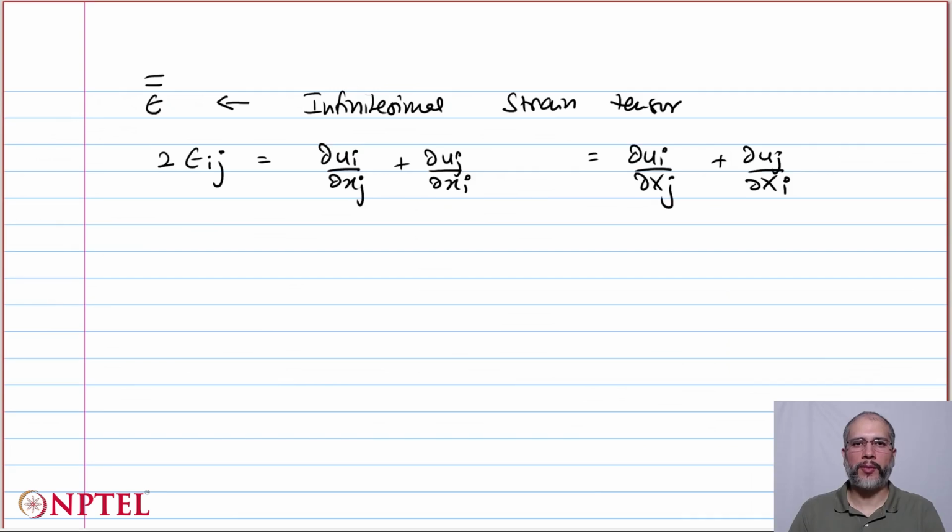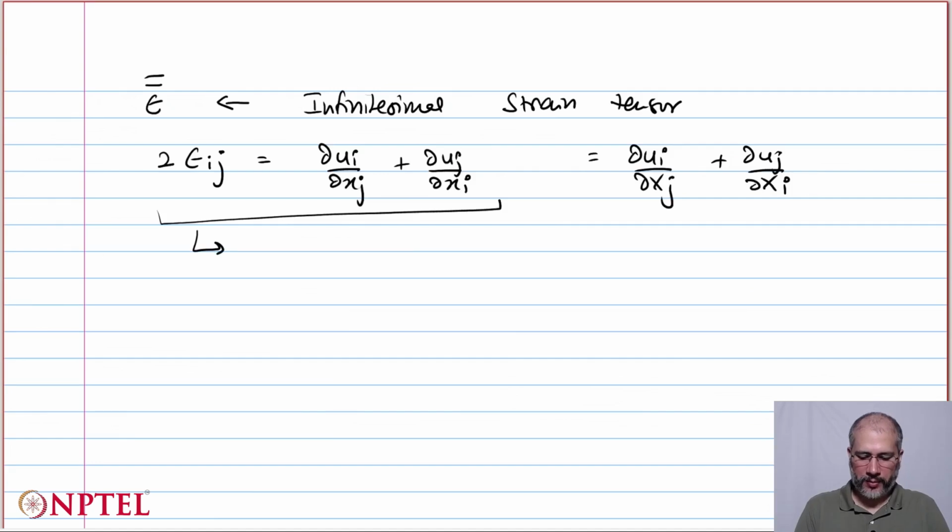You can use whatever form you want. Typically, we'll be using this one for our discussions. So this is great. We have been able to define the strain tensor epsilon, since we said that we'll be working with only the infinitesimal deformations. So we'll only be working with this infinitesimal strain tensor epsilon_ij.